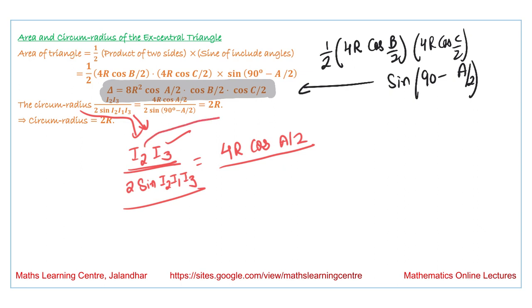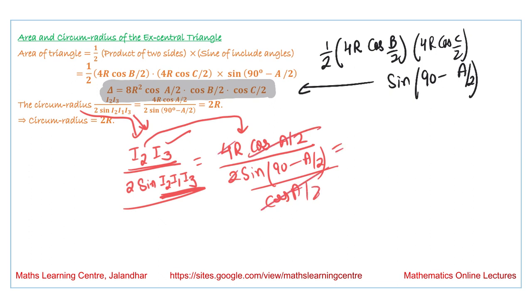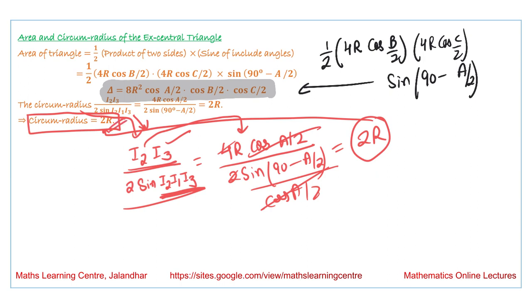The value of I2I3 we know is equal to this, and the angle I2 I1 I3 is 90 minus A by 2, so sine of it is cos A by 2. These two values get cancelled, so we are left with 2r. So the circumradius in this case is equal to 2r. So this is the area and the circumradius of the excentral triangle.